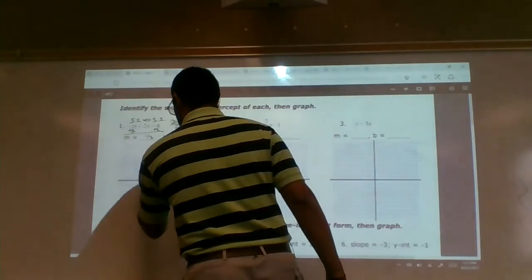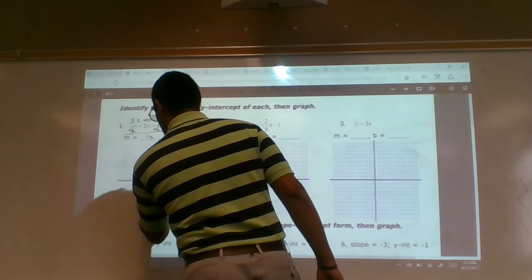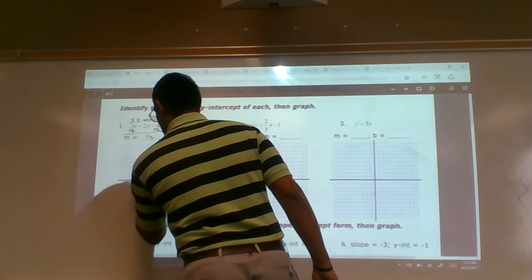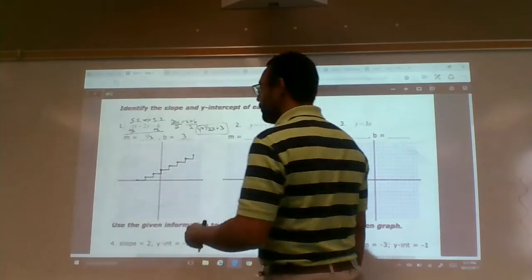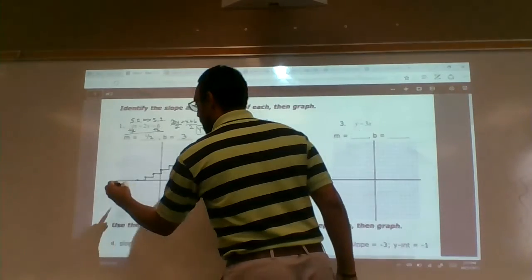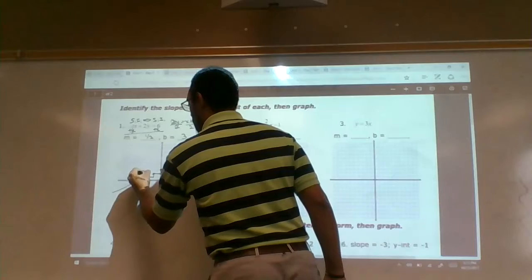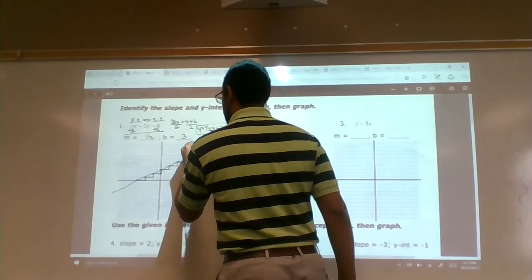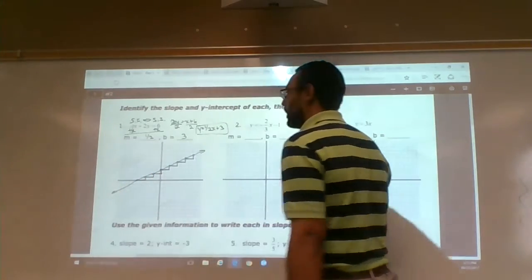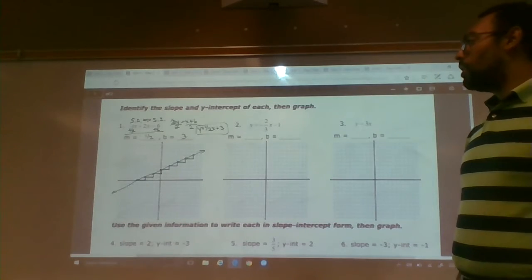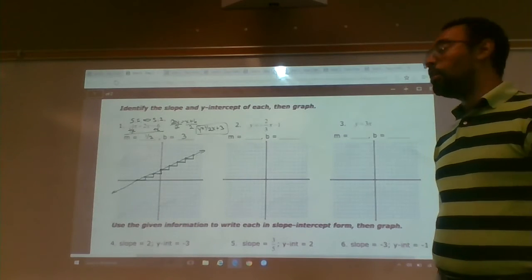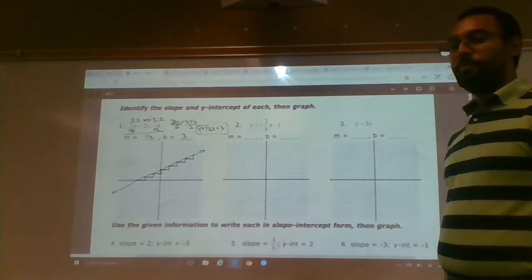I go the opposite. Down 1, left 2, down 1, left 2. And then to the best of my ability, I will connect the dots. And there's my line for 1/2 x plus 3. That is what you need to do for 2 and 3.